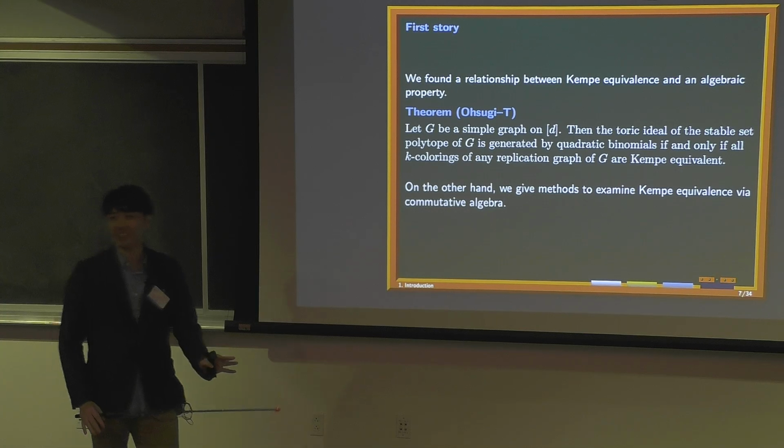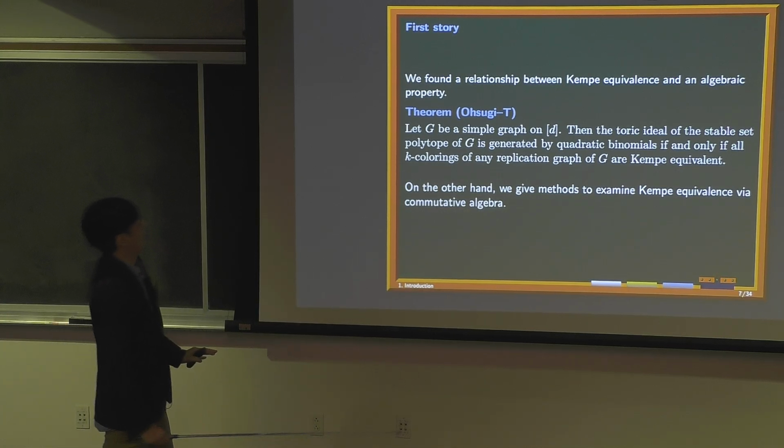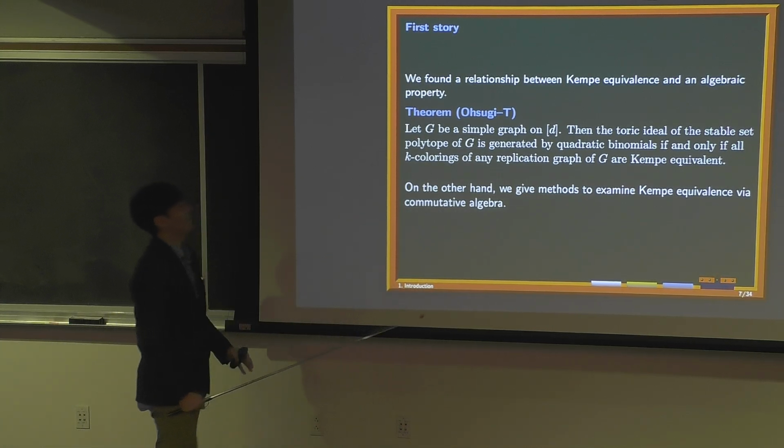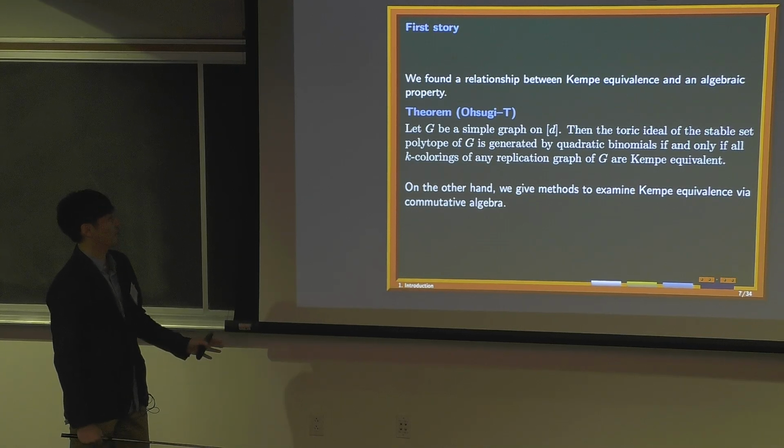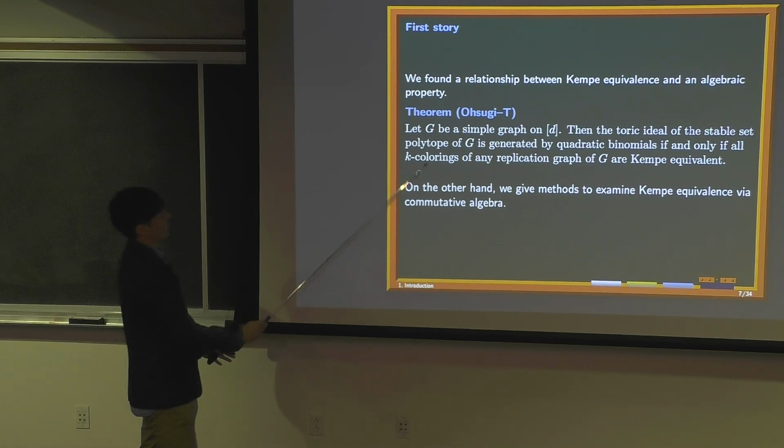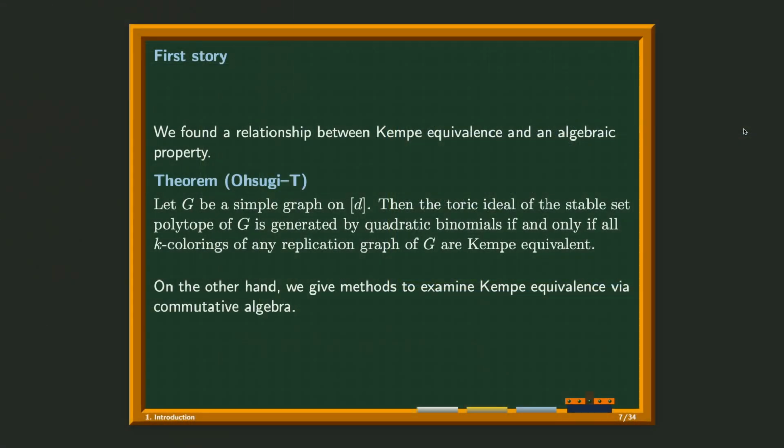So my first story. First, we found a relationship between Kempe equivalence and an algebraic property. This is the first main theorem. We consider a simple graph G, and we consider the toric ideal of the stable set polytope. We will define it later.